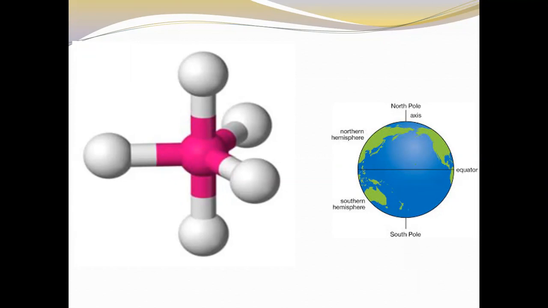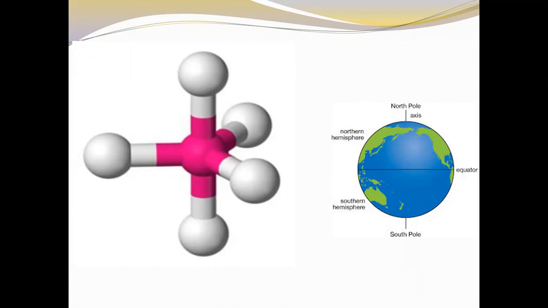So one of the things is that when you have molecules that have the 5 or 6 electron domains, there is something that is called axial and equatorial positions on the molecule. So here I have a diagram of a trigonal bipyramidal.